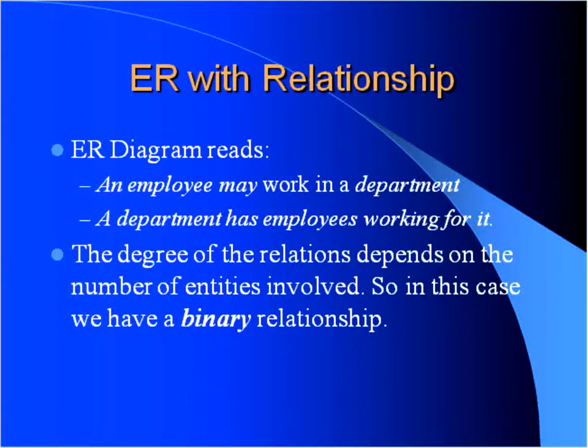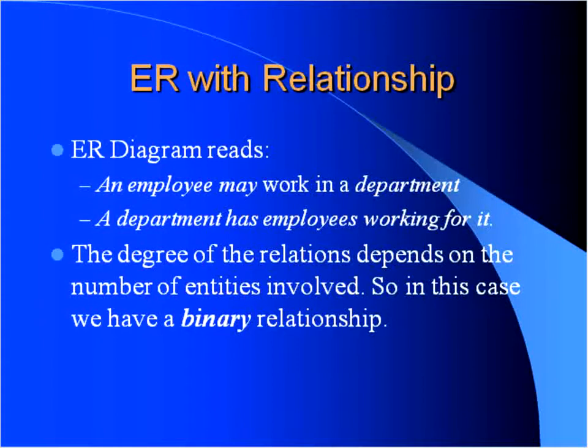So we identified the relationship as work-in. The ER diagram would read something like an employee may work in a department, or a department has employees working for it. The degree of the relationship depends on the number of entities involved.